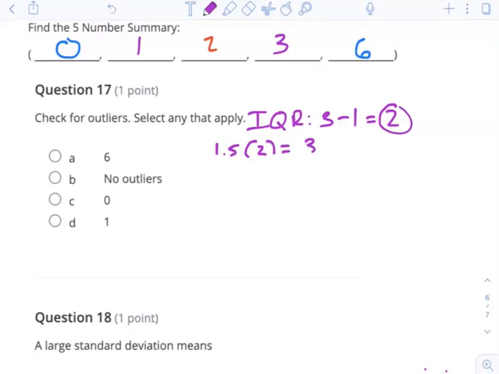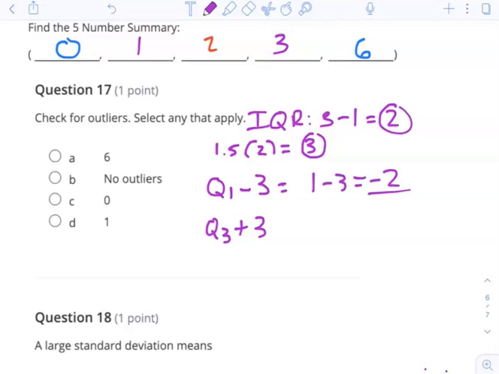So 1.5 times 2 is 3. This is the number that we subtract from Q1 and add to Q3. So Q1 was 1. So 1 minus 3 is -2.